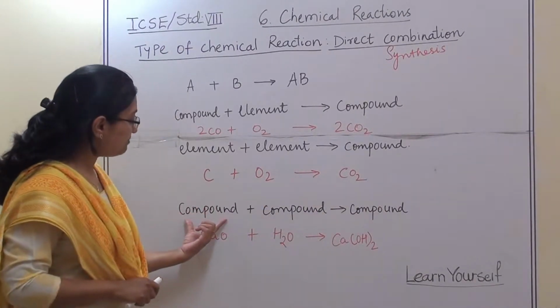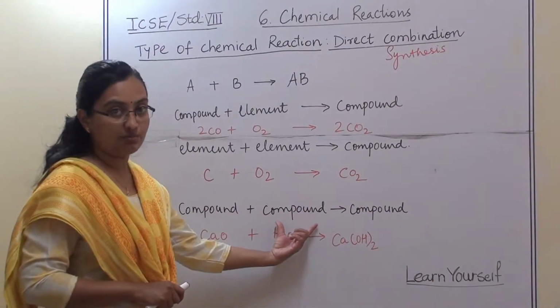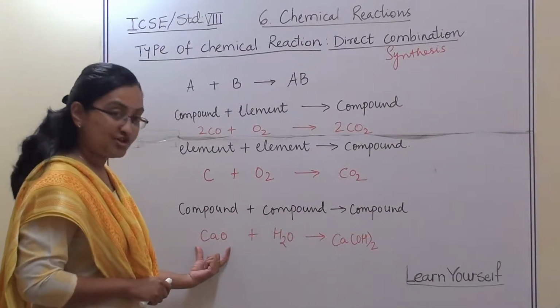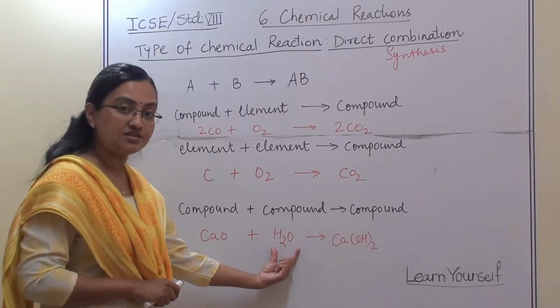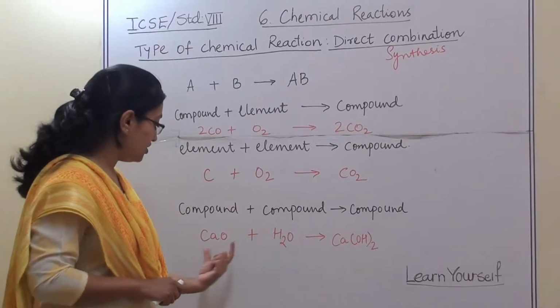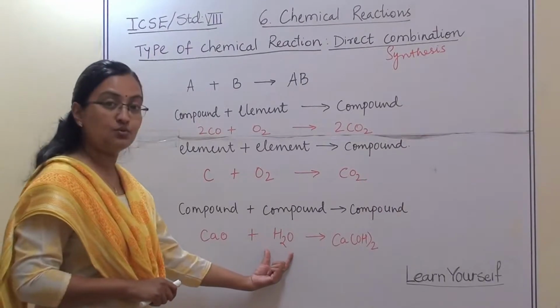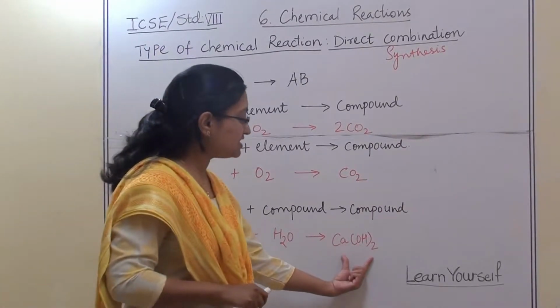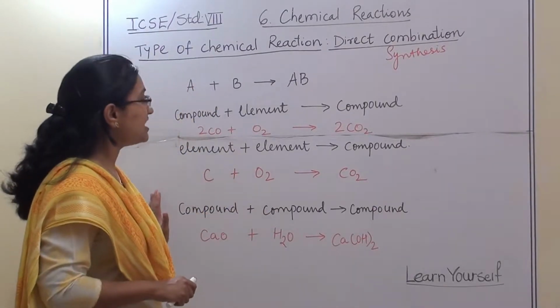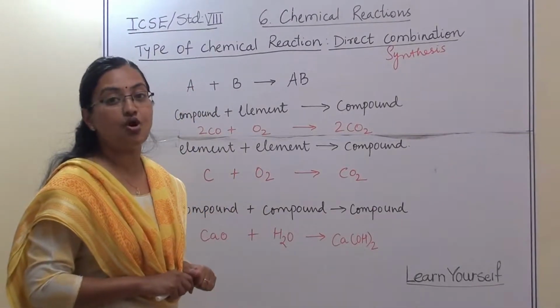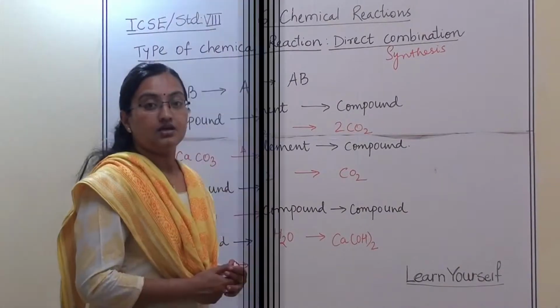In the third type, compound will react with compound. Calcium oxide is a compound, reacting with water, that is also a compound. So calcium oxide and water will combine and give us calcium hydroxide. All these are examples of direct combination or synthesis reaction.